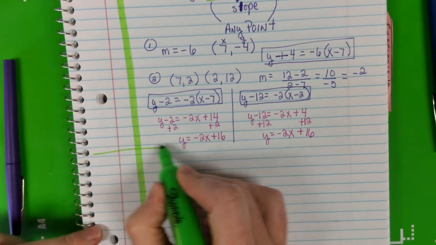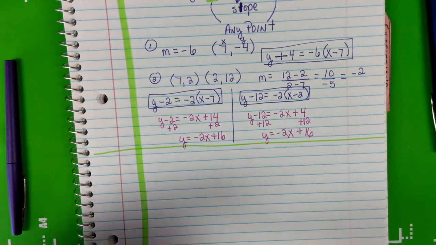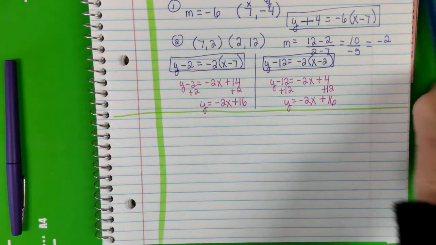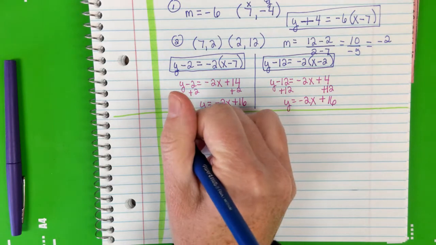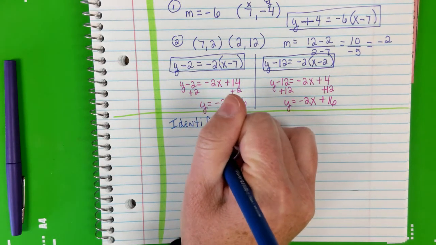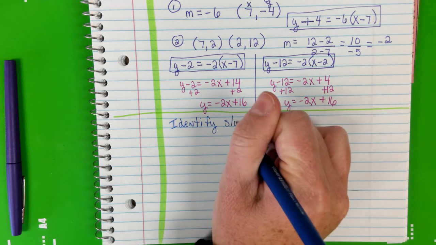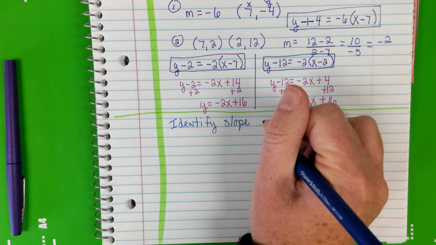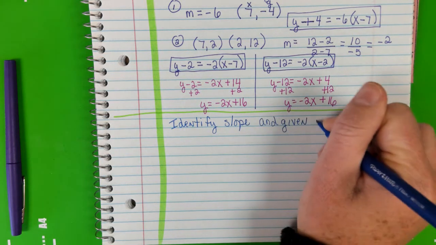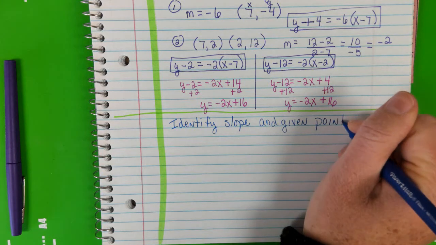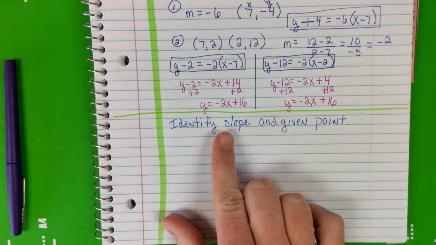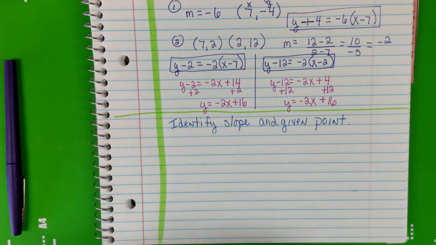So it's as simple as that for slope-intercept form. The next thing I want us to be able to do is look at point-slope form and graph it. In order to graph it, we need to identify the slope and the given point, because point-slope form gives us a point and the slope just by looking at it.